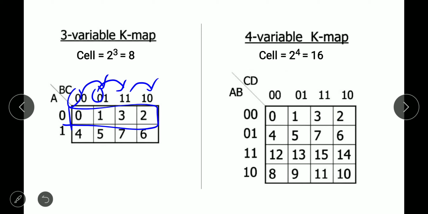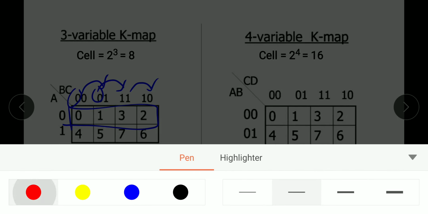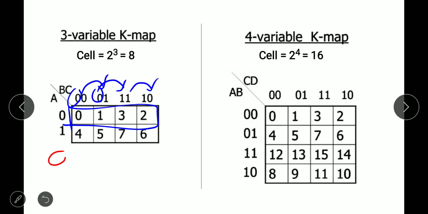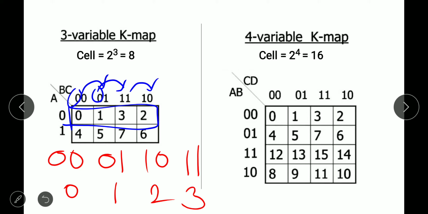But if we use this pattern, that is 0 0, 0 1, 1 0 and 1 1, that means 0 1 2 and 3, this is a sequence, but we don't use that sequence. Why? Because here the 0 stays as it is in the second bit, but this 0 is converted into 1, so a single bit is changed.